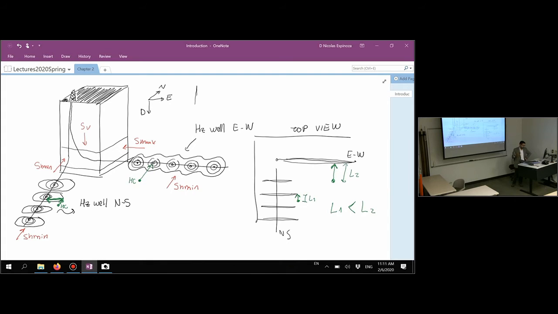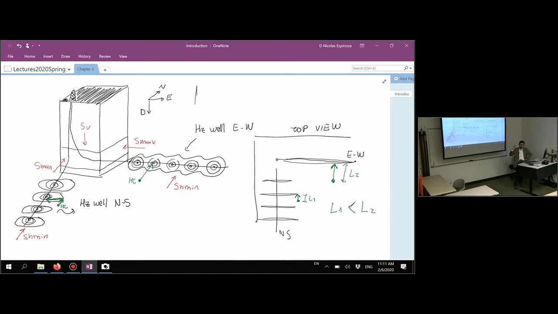So you may think of these hydraulic fractures as the equivalent of highways, right? You want to get to a place, and in most cases highways are not too busy, there is no traffic jam.